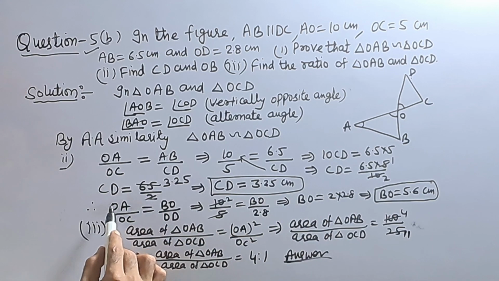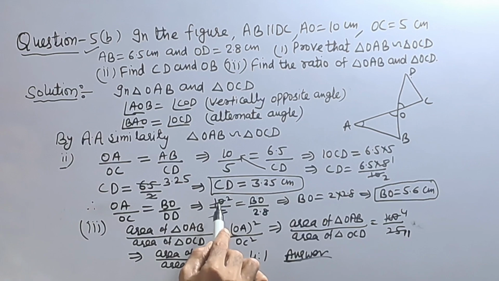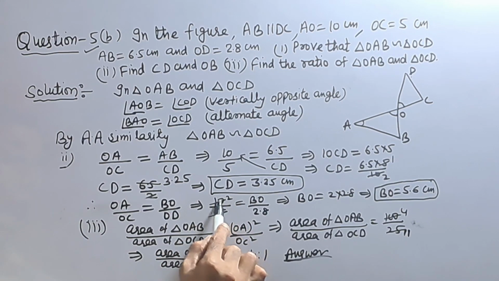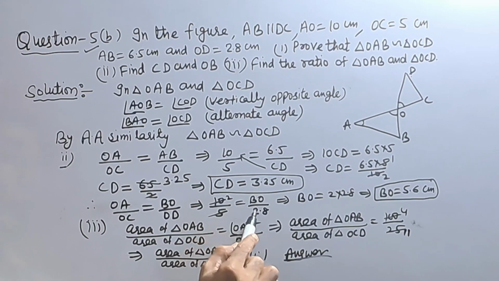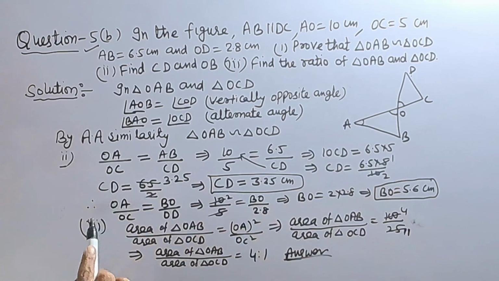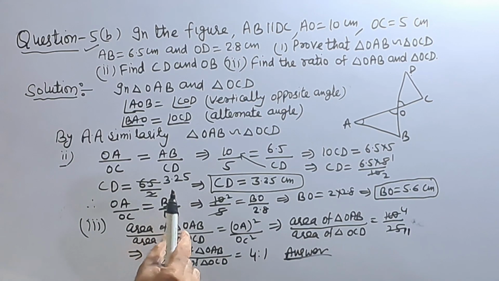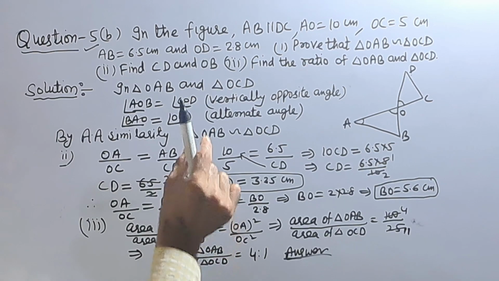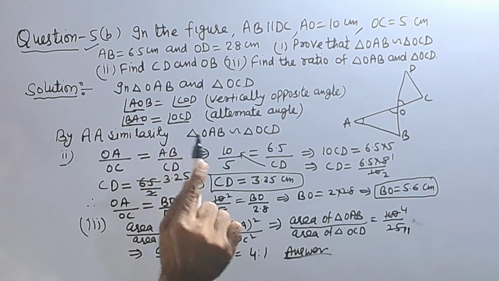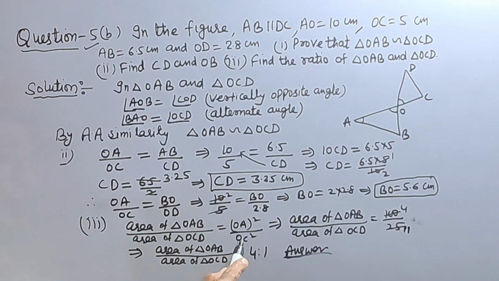Answer. And OA upon OC is equal to BO upon DO. Then we find the value of BO, that is 2 multiplied by 2.8, that is equal to 5.6 centimeter. Answer. And third part, area of triangle OAB upon area of triangle OCD, we want to find the ratio of triangle OAB and triangle OCD, that is side OA square upon OC square.